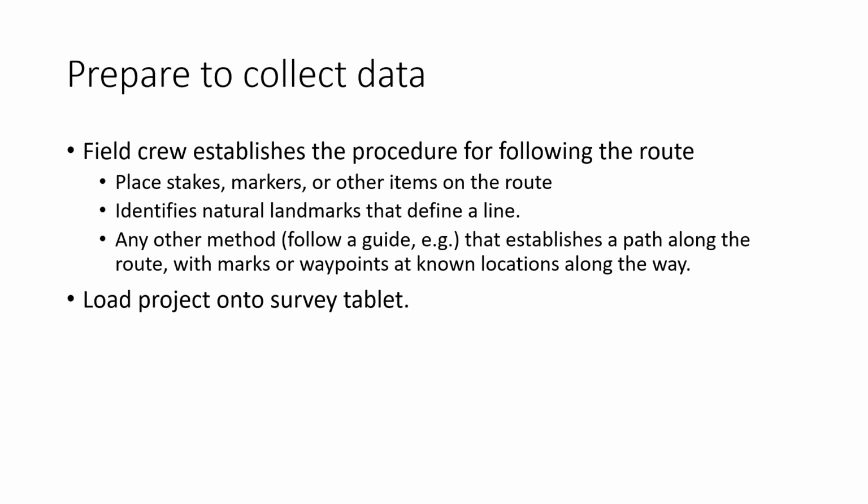Sometimes there's a guide, a person, let's say, with a GPS location system where they've established during some other survey process what these lines are, and the surveyor may simply follow them along a predefined line or transect. Having established this physical layout, the field crew is also going to take that project and put it onto the survey tablet.